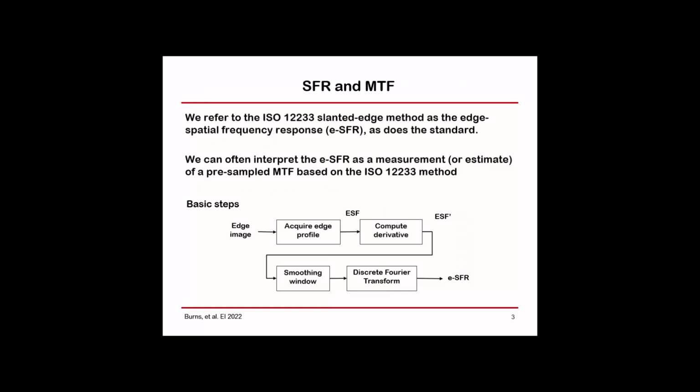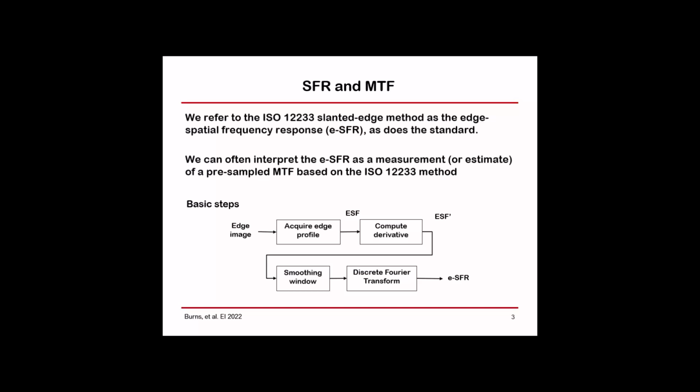I should say my involvement with this standard started around 2000 when I coded the original edge method. I was familiar with the original edge gradient method, but then was interested in how it's been adapted for this standard. First, a note on use of the terms. I'll refer to the slanted edge method, as it derives a spatial frequency response, as ESFR.